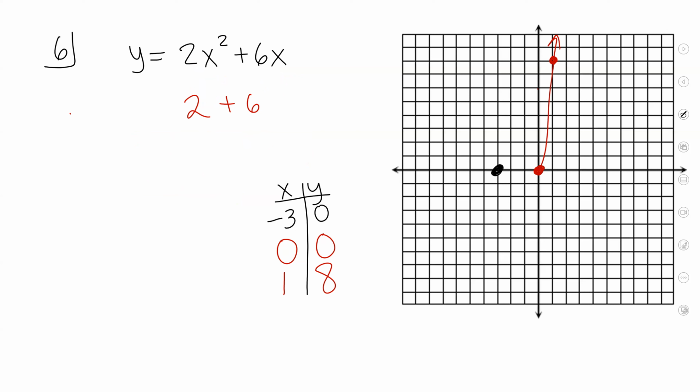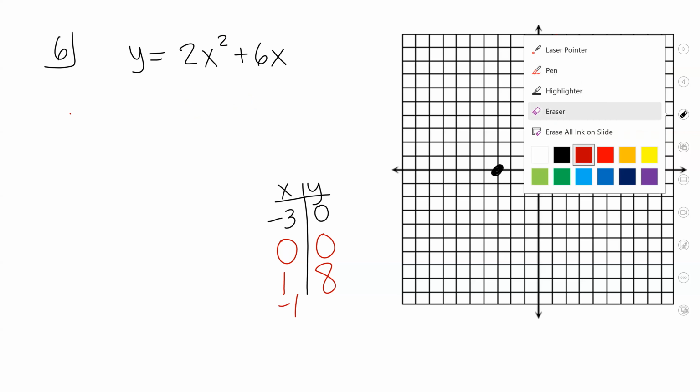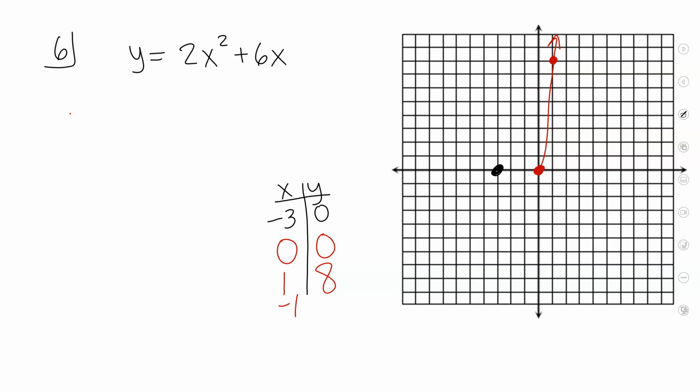How about I plug in a -1? And let's see what happens when I plug in a -1. Okay, so I'm going to plug in a -1 this time. -1 squared is just 1, so this becomes 2. 6 times -1 is -6, so this is -4.